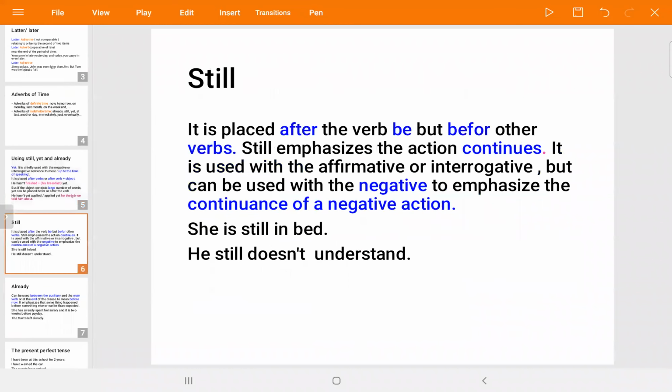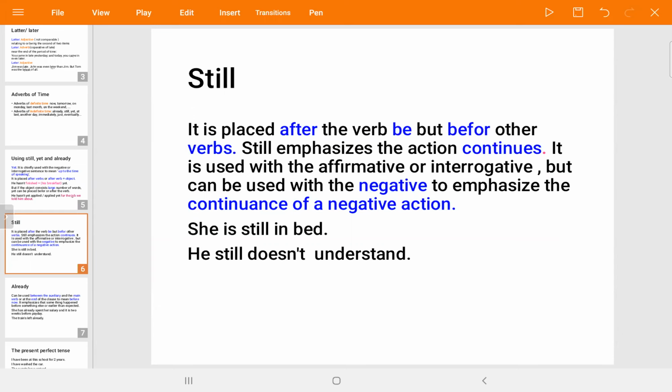Still, as I told you, we use it to show continuity. It is placed after the verb be. What are the forms of the verb to be? Do you remember them?